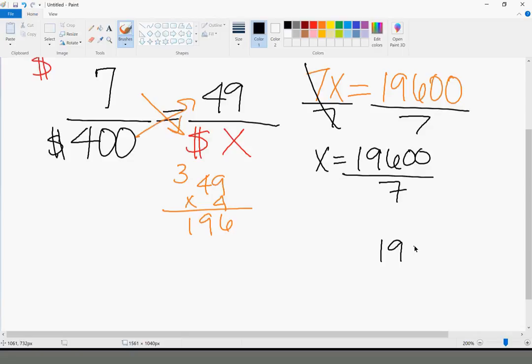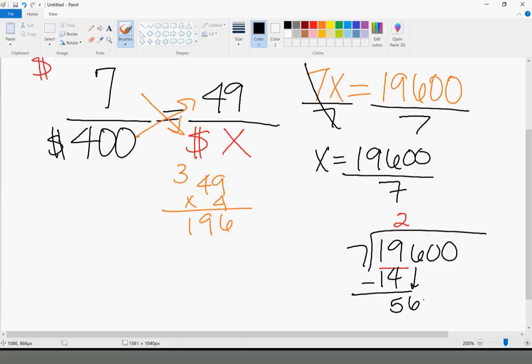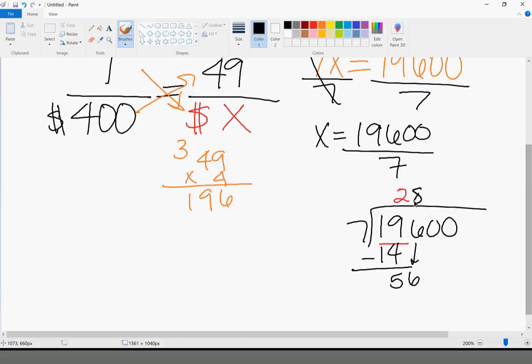So 19,600 divided by 7. So let's see, 7 goes into 19. How many times? 2 times. 2 times 7 is 14. We're going to subtract. Bring down that 6. 7 divides into 56 8 times. 8 times 7 is 56.